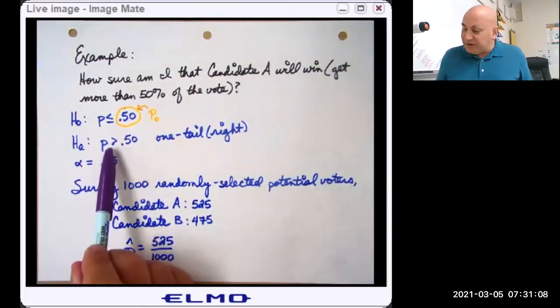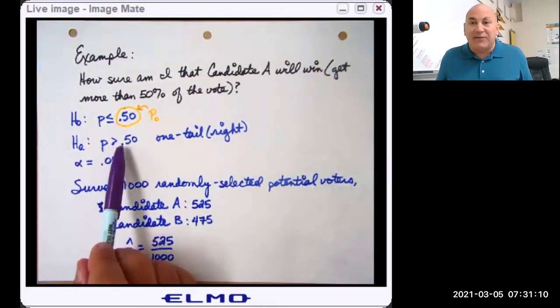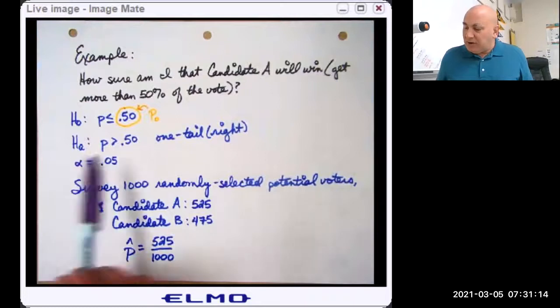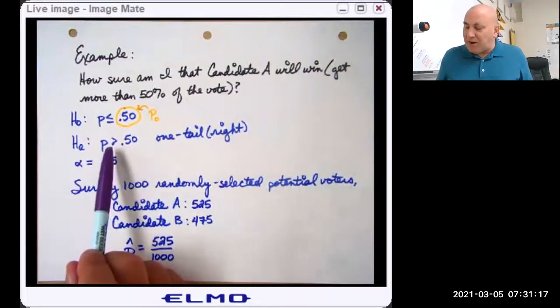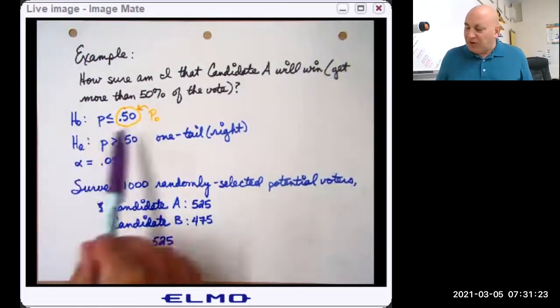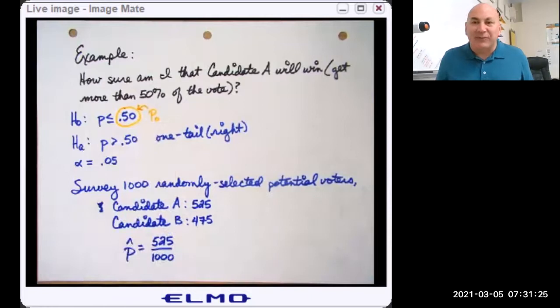My alternate is p is greater than 1/2. That's obviously a right-tailed test. And the complement of that is p is less than or equal to 1/2. That's my null. So 1/2 is my p0 value. And we're just going to let alpha be 5%.